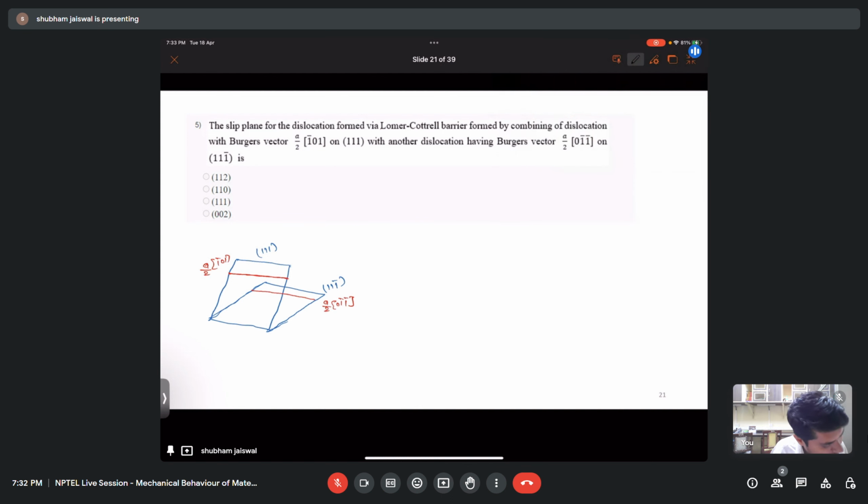So they are asking us to find out the slip plane for this dislocation.